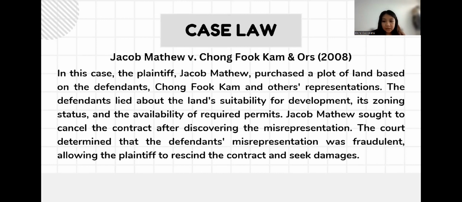So this case also served as an important precedent in Malaysian contract law and emphasized the significance of accurate and honest representation in contractual agreements. It also highlighted the legal consequences faced by parties who make false representations and underscores the rights of the injured party to seek remedies such as rescission of the contract and damages.